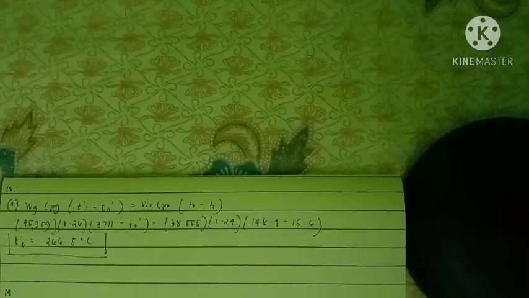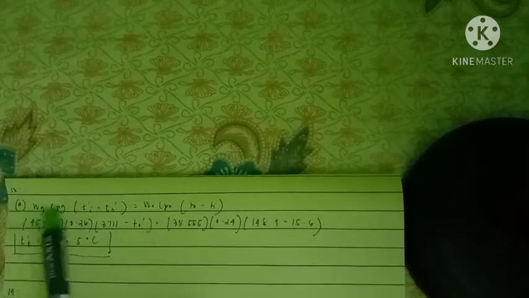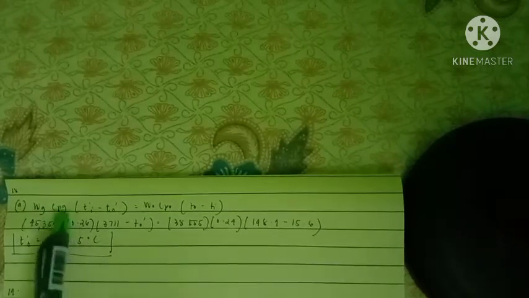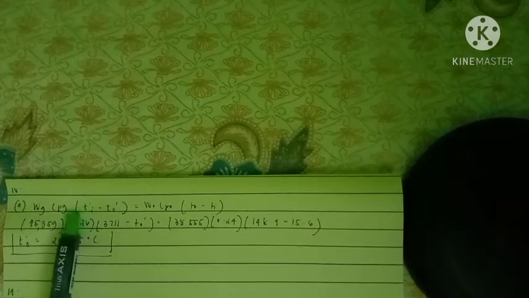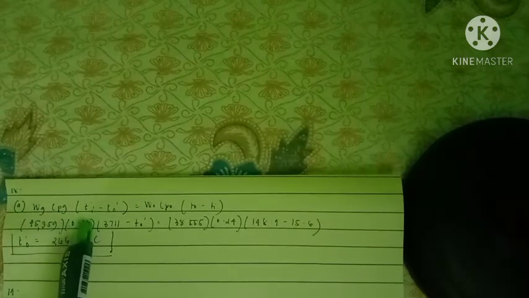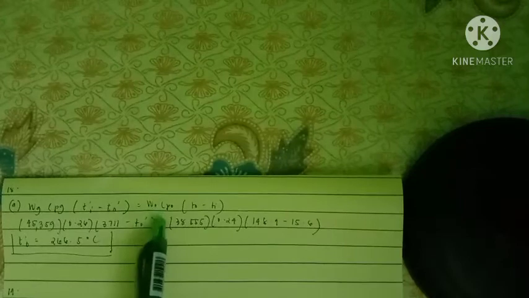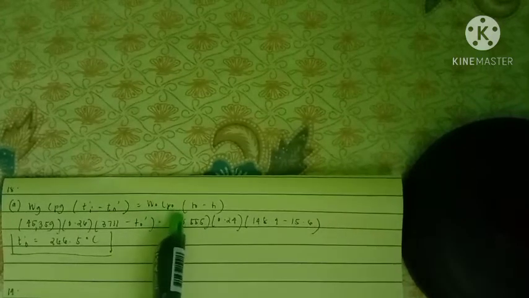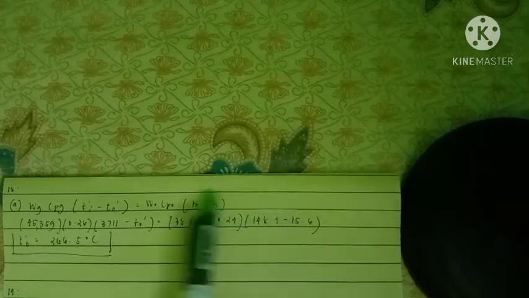So let's proceed to 18. For letter A, from the formula, W sub G times C sub PG times delta T, T prime sub I minus T prime sub O, is equal to W sub A times C sub PA times T sub O minus T sub 1.